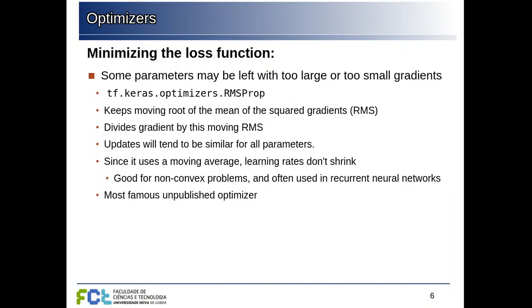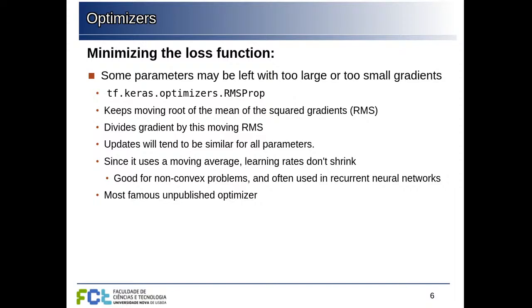It will divide each gradient by this moving RMS when computing the update. So this will not shrink the learning rate over the training because it's keeping a moving average, and it will tend to make the update similar for all parameters since it's dividing by this moving average of the gradients over the last iterations.